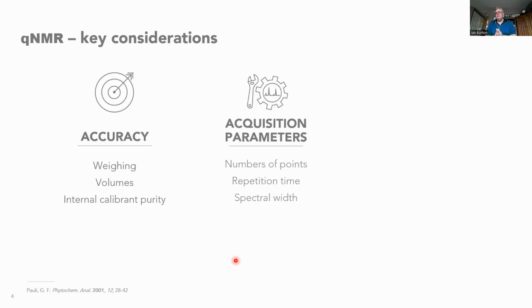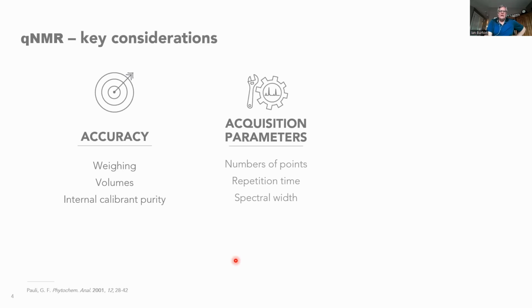Acquisition parameters, again, need consistency. Since we're integrating the spectra, you want good definition of your curves, so the number of points is critical. Since you're basically doing a sum of the points, the more points you have, the better your sum is going to be. Then repetition time and adequate spectral width.